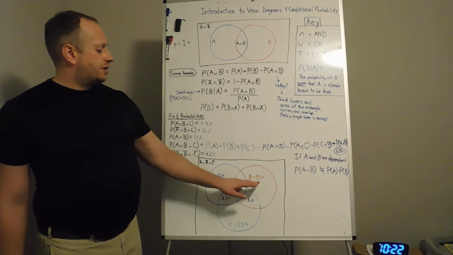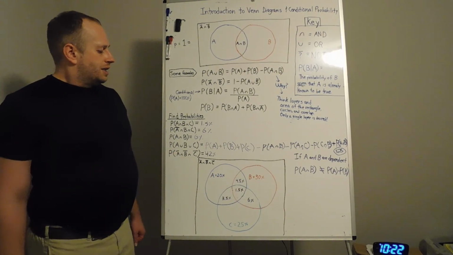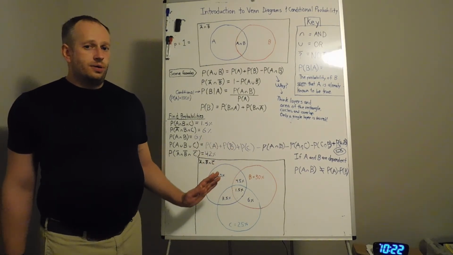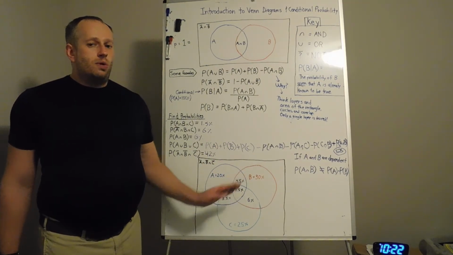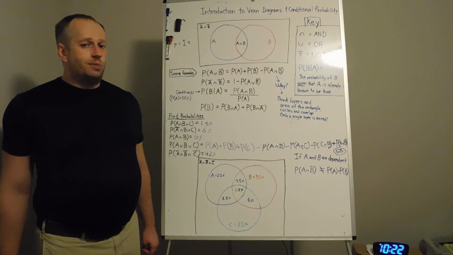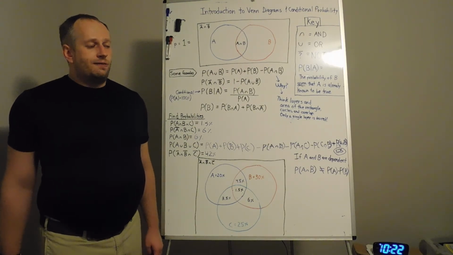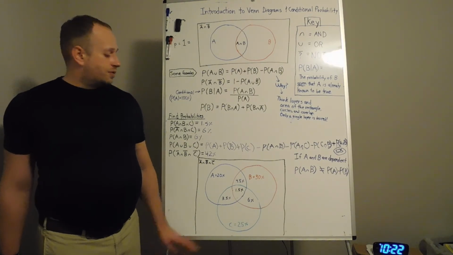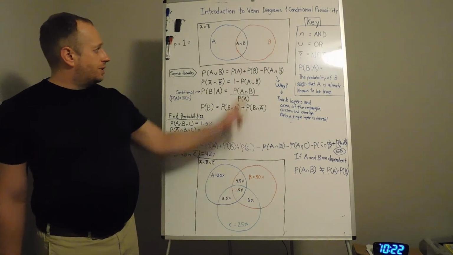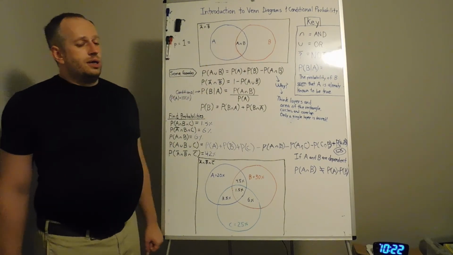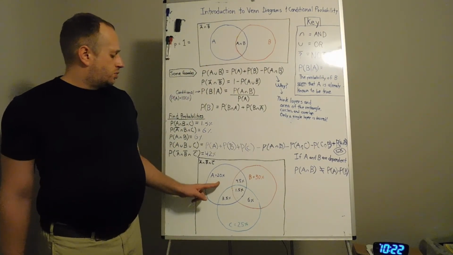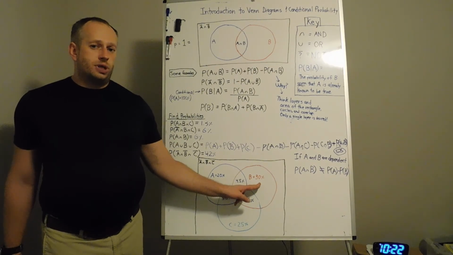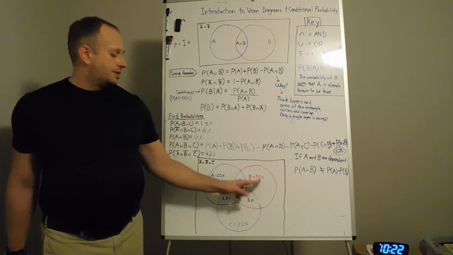That's 20%, 30%, right? If we wanted to figure out the probability of them occurring if they don't affect each other, what number would we expect? We'd have to multiply them times each other to find the probability of the two events occurring, and then see if it really ends up being this part in the middle. So if we take 20% times 30%, we end up with 6%, right?